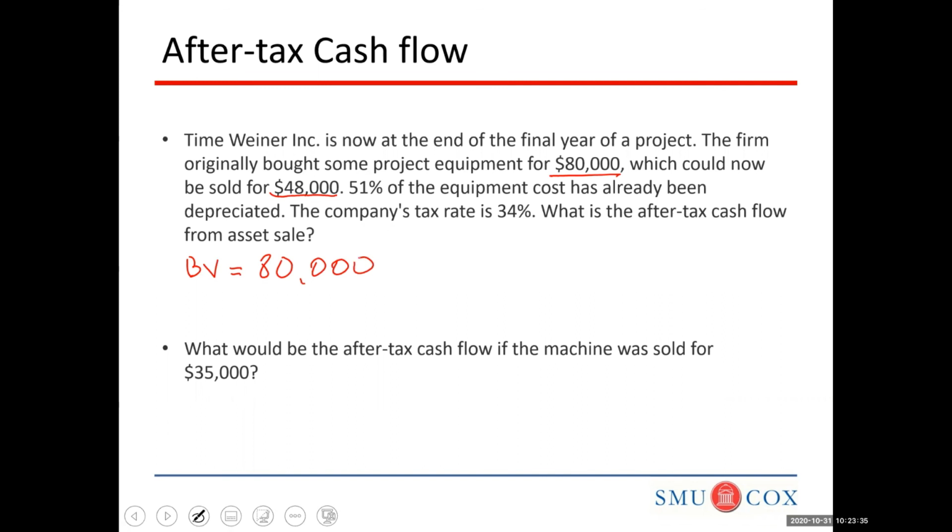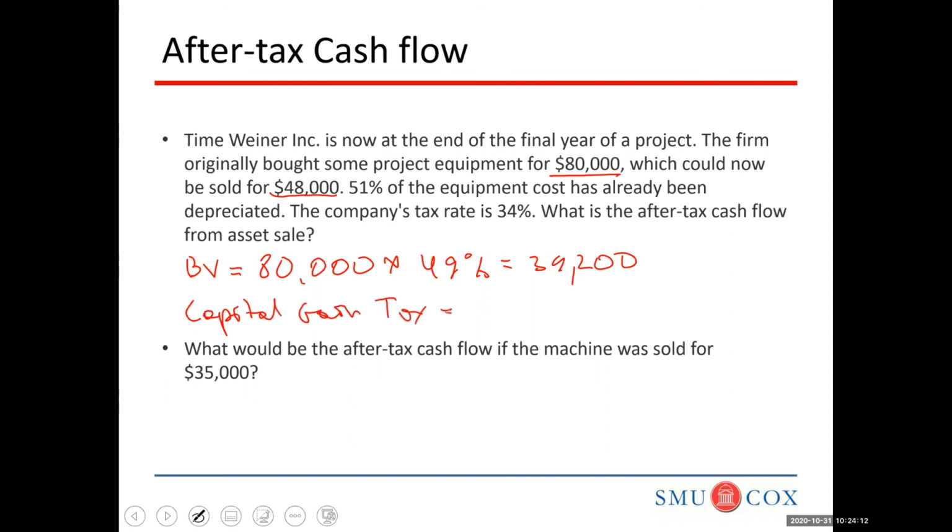Good. So that is 39,200. So that's the book value. So capital gains, well, let me do it in one shot.